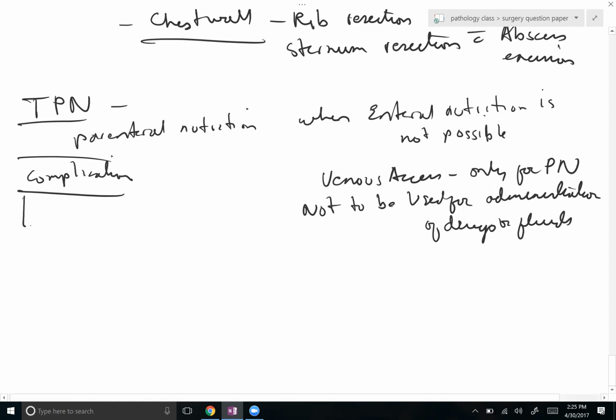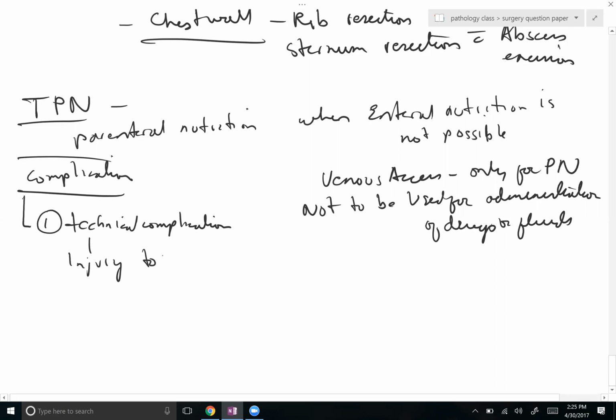Okay, now coming back to the complications, the first one is technical complications, because of the central vein access. When we are talking about technical complications, there is injury when we go for central vein catheter access.